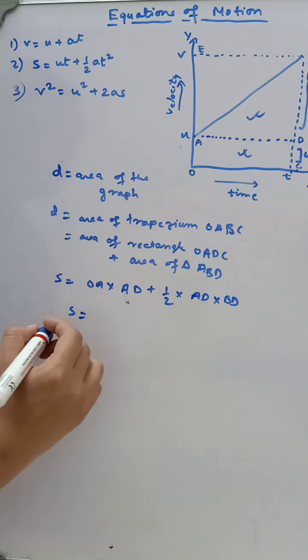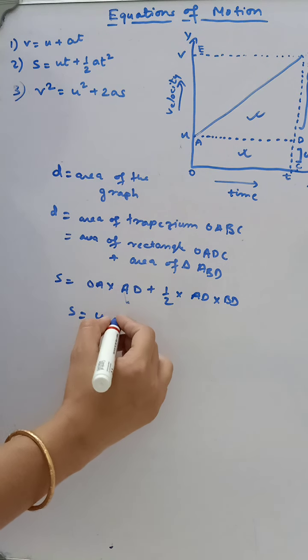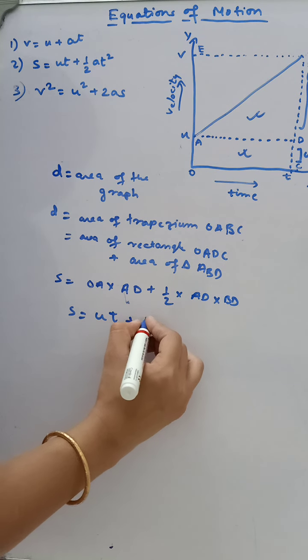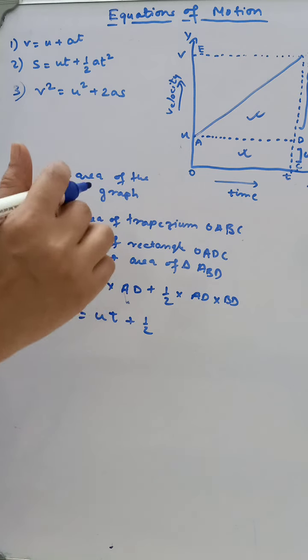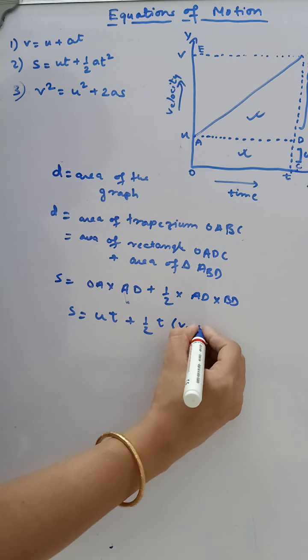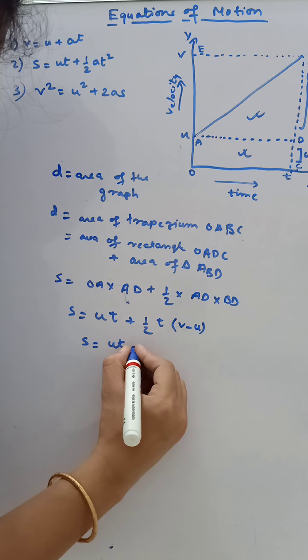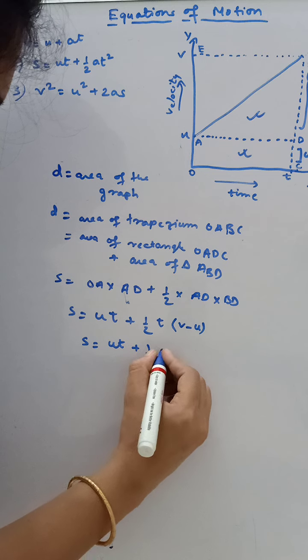So we have s equal to OA is u, AD is t, plus half into AD, again t, and BD we have v minus u. So if we calculate it, s is ut plus half t times (v - u).